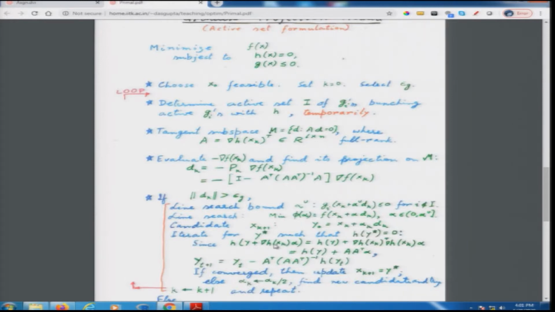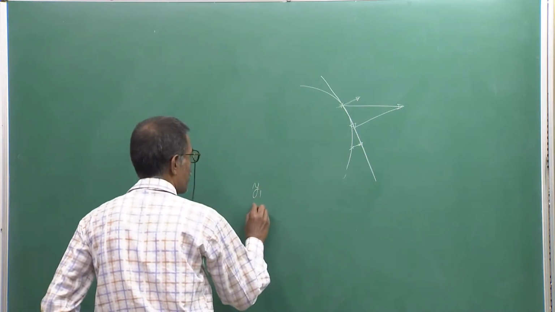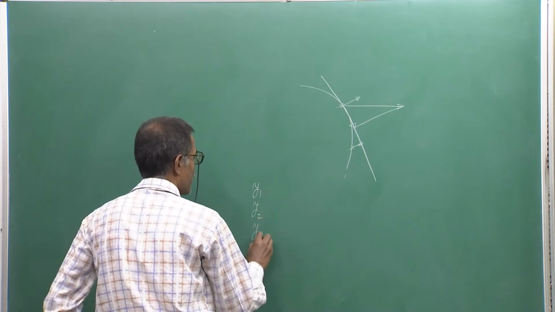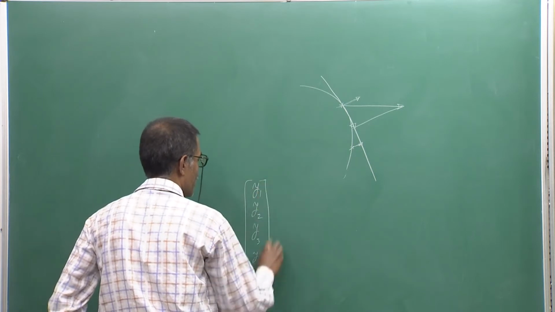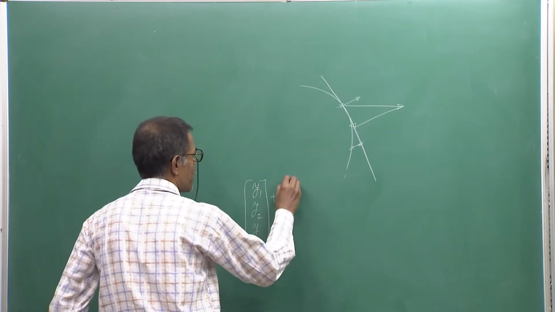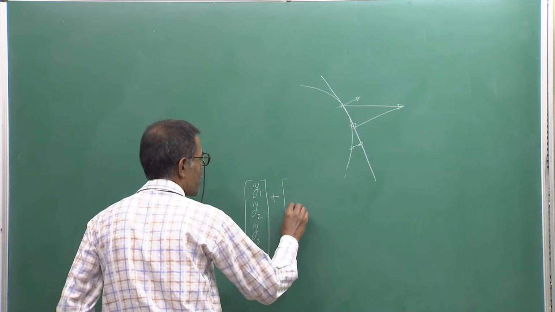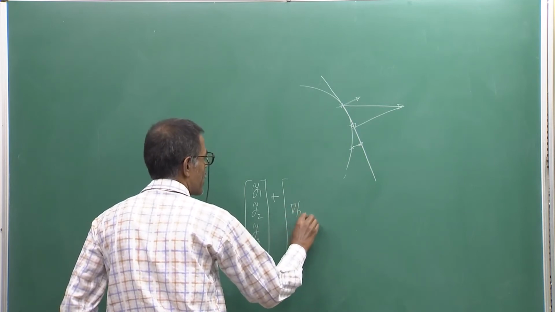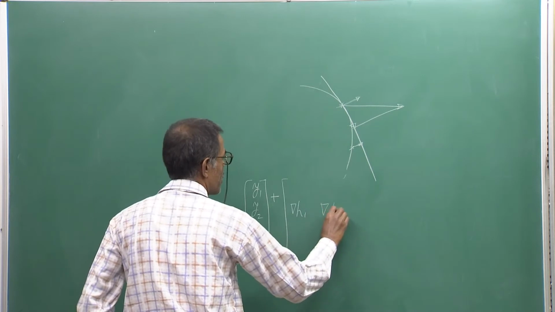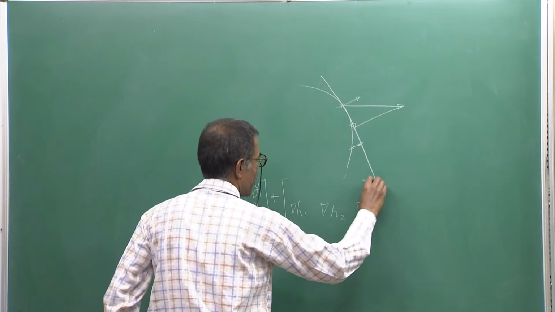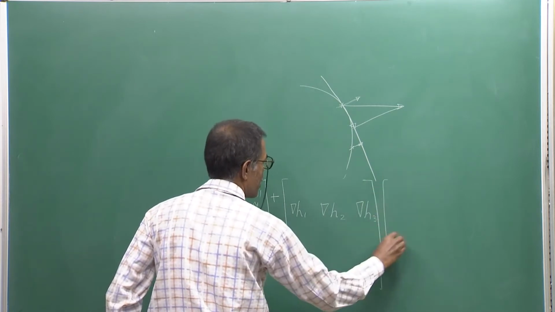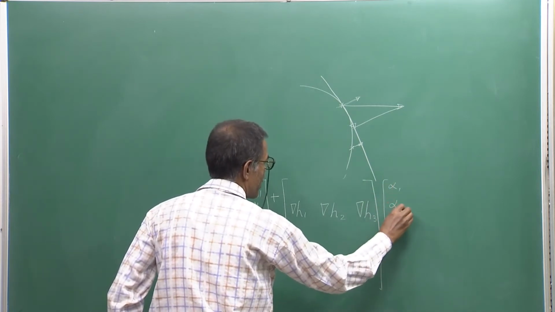So, it is like y 1, y 2, y 3, y 4, plus grad h 1, grad h 2, grad h 3 multiplied with alpha 1, alpha 2, alpha 3.